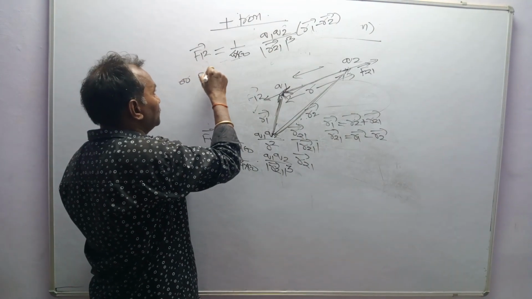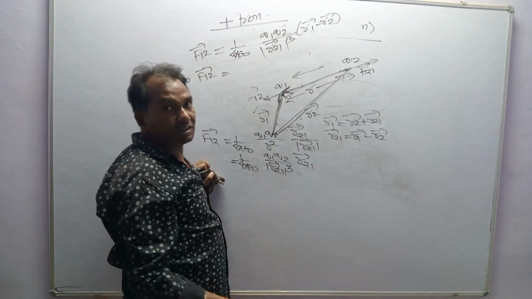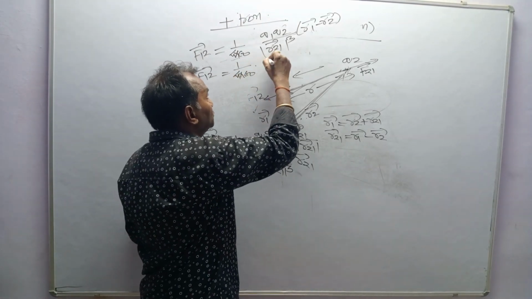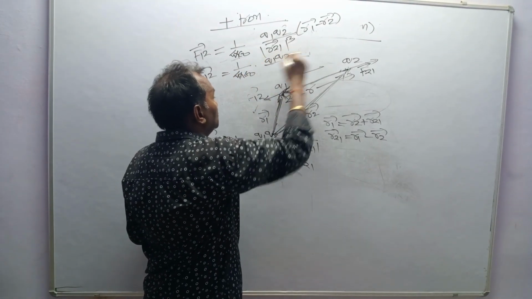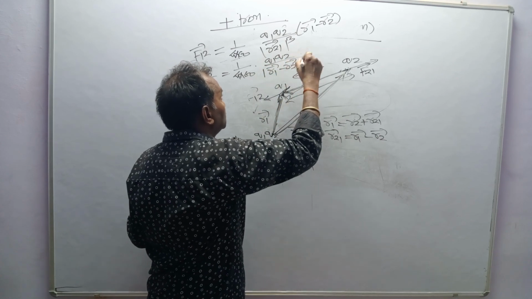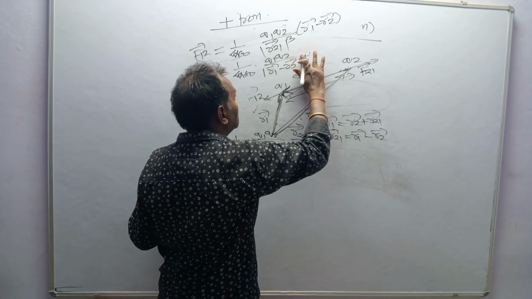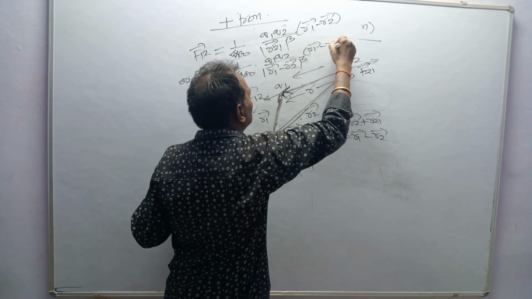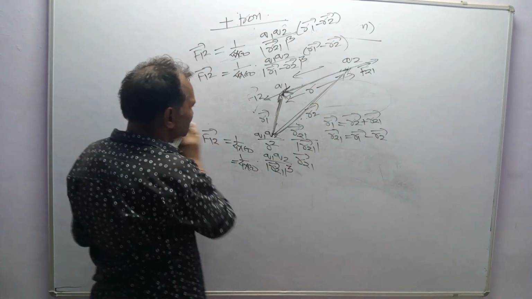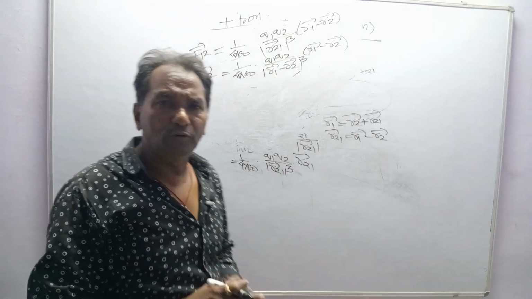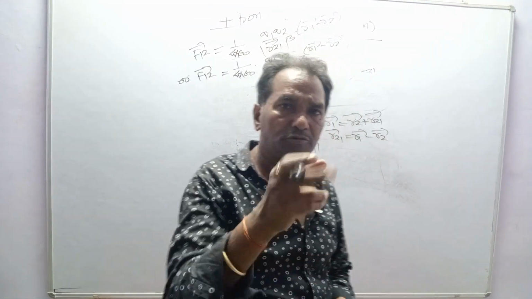So F12 is equal to 1 upon 4 pi epsilon naught Q1 Q2 over mod of R1 minus R2 cubed into vector R1 minus R2. This is F12, the force acting on charge Q1 due to Q2.